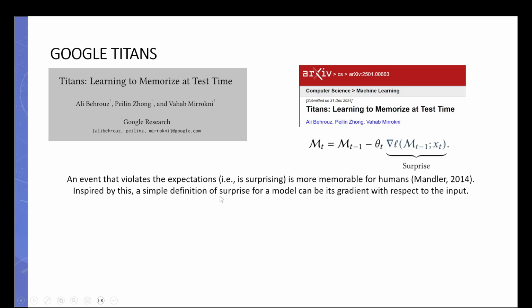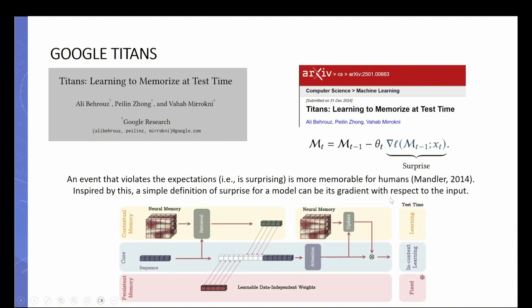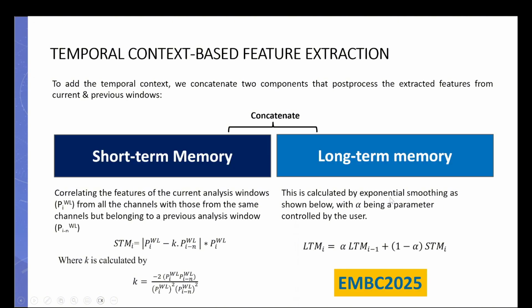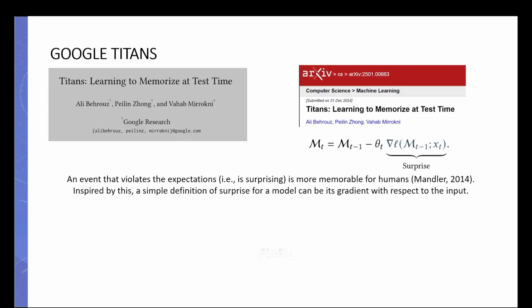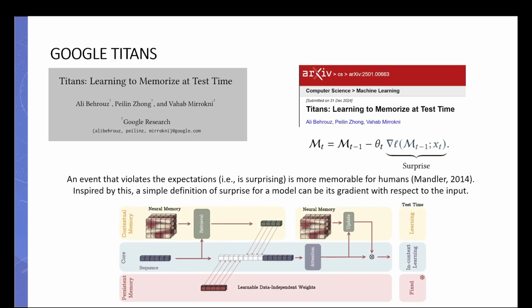Inspired by this, a simple definition of surprise for a model can be its gradient with respect to the input. So if I refer back to what we were doing over here, differentiating and relating it to the current input, it's somehow in the same line of thinking. And we were happy that we are on the right track, because Google was also concatenating different forms of memory representations, including contextual, core, and persistent memory, as you can see over here. So we were happy that we are on the right track.